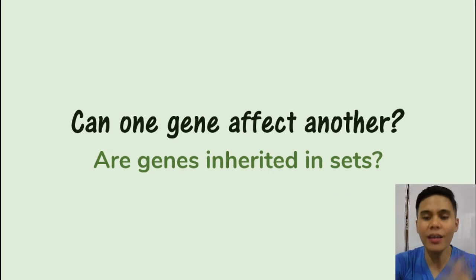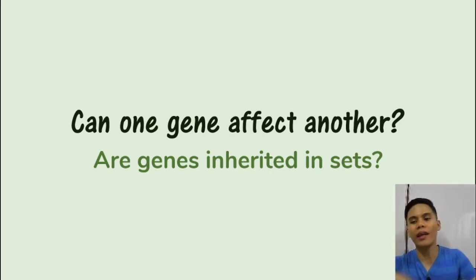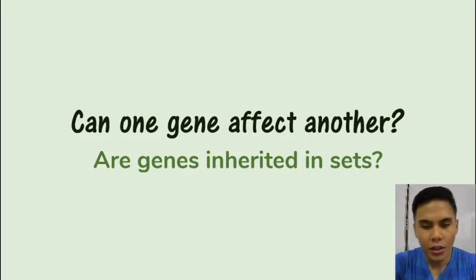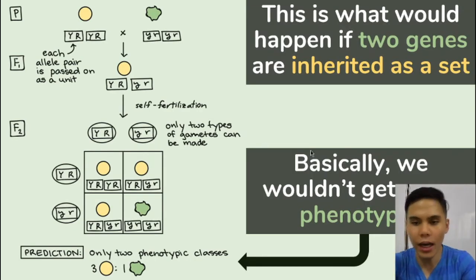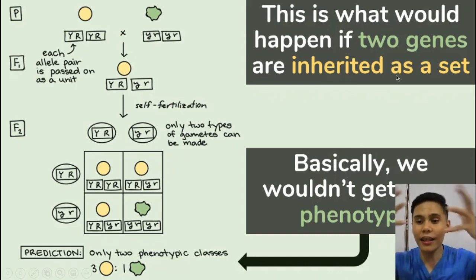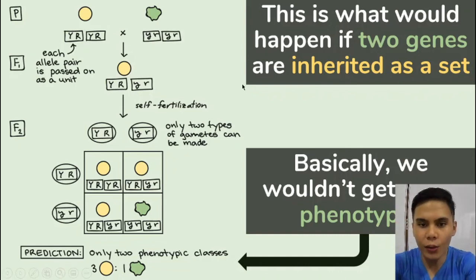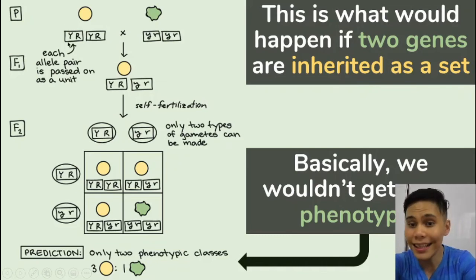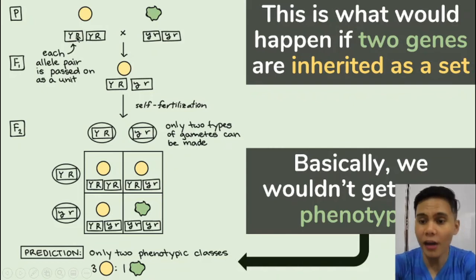So can one gene affect another gene, or are genes inherited in sets, or are they inherited as is? The answer is that we'll find out. So what if they're inherited as a set, meaning they're clumped together? For example, you have the gene for color, which is symbolized by the letter Y, and the gene for shape, symbolized by the letter R. If they're inherited in sets, what happens is this.